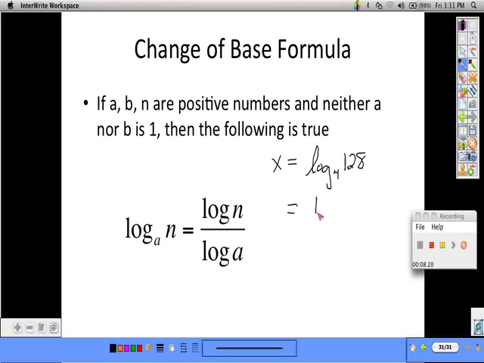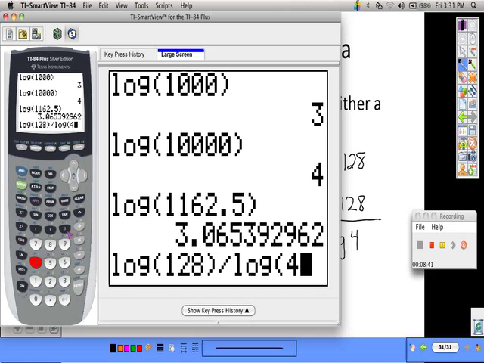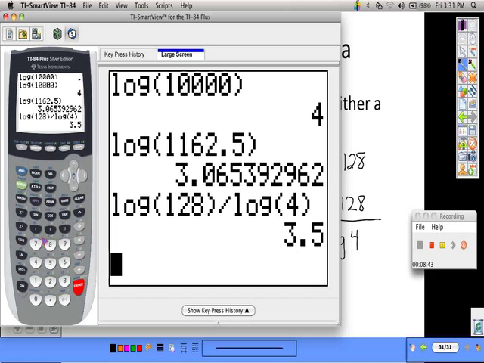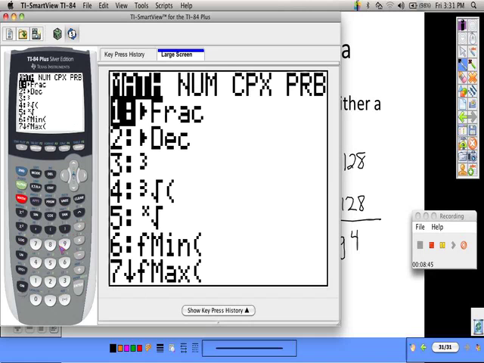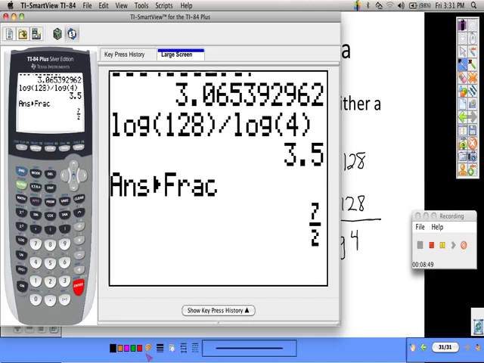In our calculator, we can do log 128 divided by log 4. Make sure you close your parentheses. And we get the same thing, 7/2.